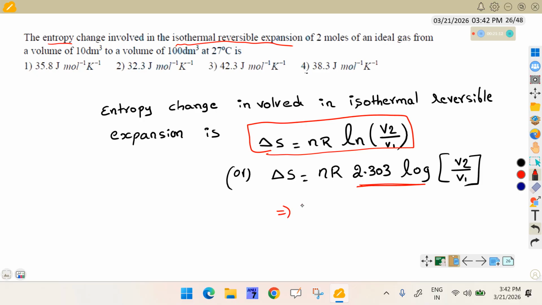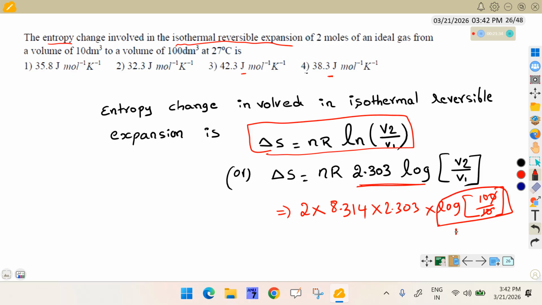Number of moles is 2 moles. R value: here the answer is given in terms of joules, so take R value in joules, 8.314 into 2.303 into log of V2 by V1. Final volume is 100, initial volume is 10. Log 10 value is 1. Now simplify 2 into 8.314 into 2.303, then you will get 38.3 nearly. Fourth option is correct option.